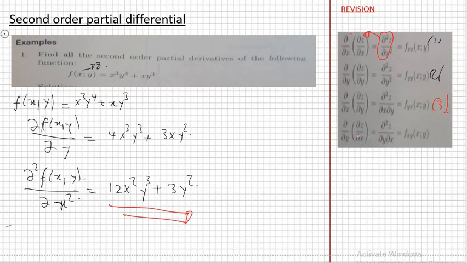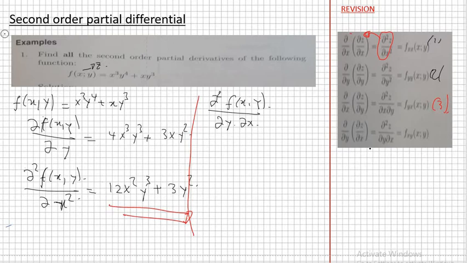And then we have the last one. Now what's going to be the second derivative of the function f of x y with respect to y and then with respect to x? Here we first derive the function with respect to x.